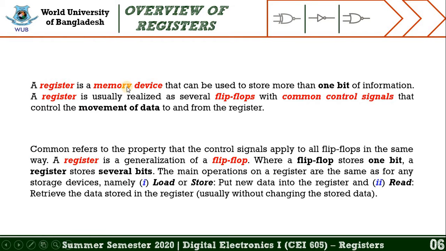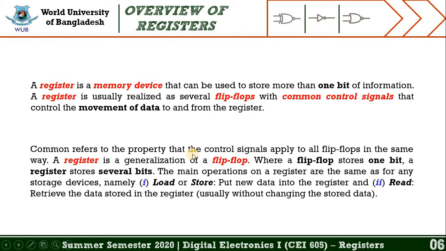A register is a memory device which can be used to store more than 1 bit of information. A register is usually realized as several flip-flops with common control signals that control the movement of data to and from the register.